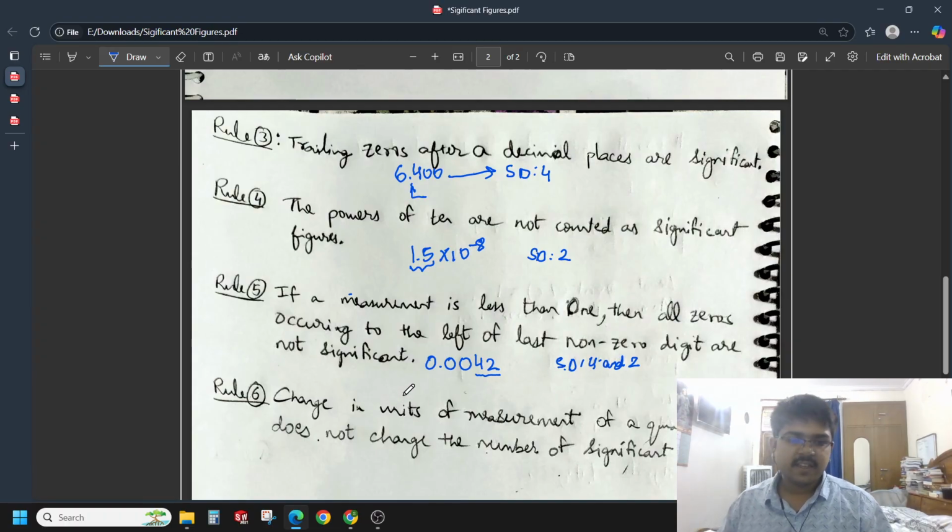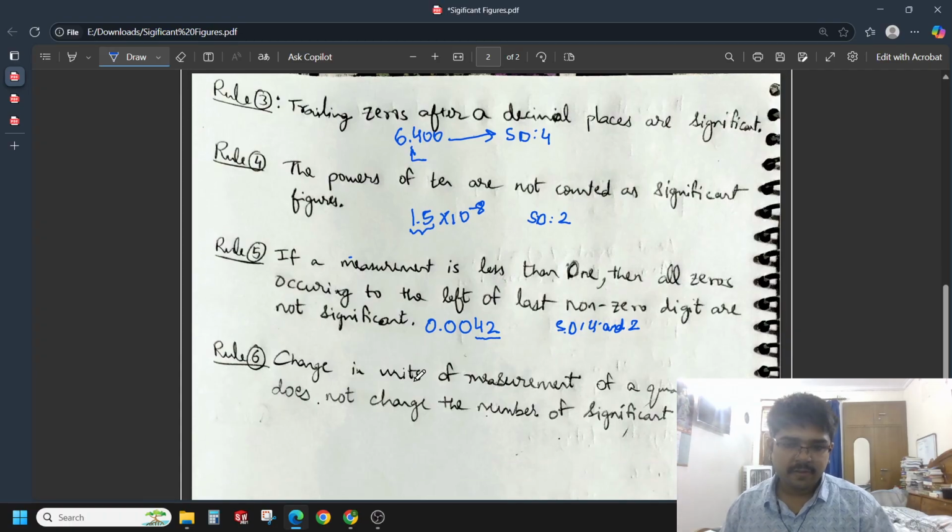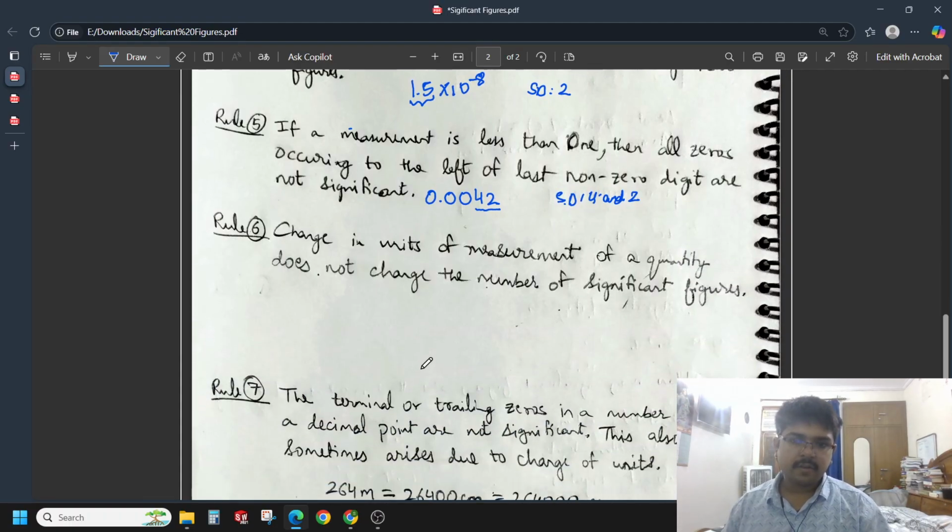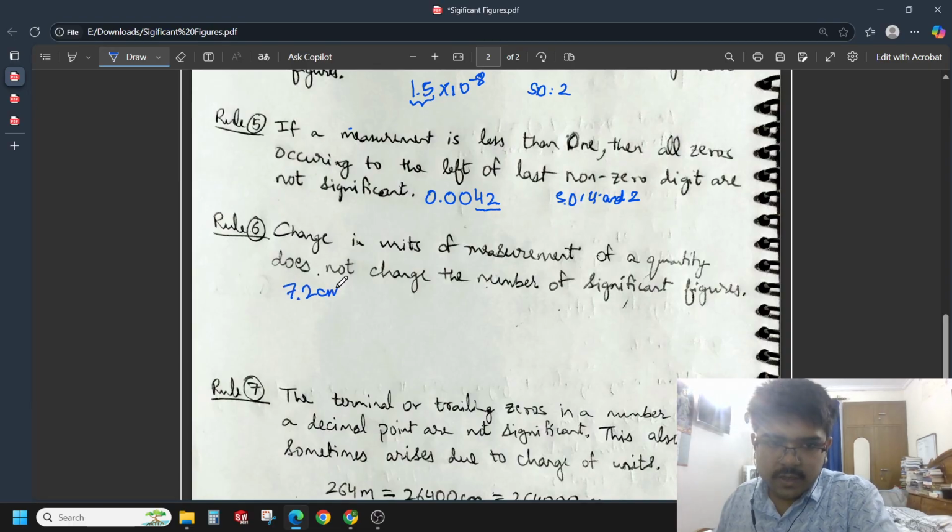Rule 6 states that a change in units of measurement of a quantity does not change the number of significant figures. Suppose we have 7.2 centimeter. In meters, it is 0.072 meter. In kilometers, it is 0.000072 kilometer.